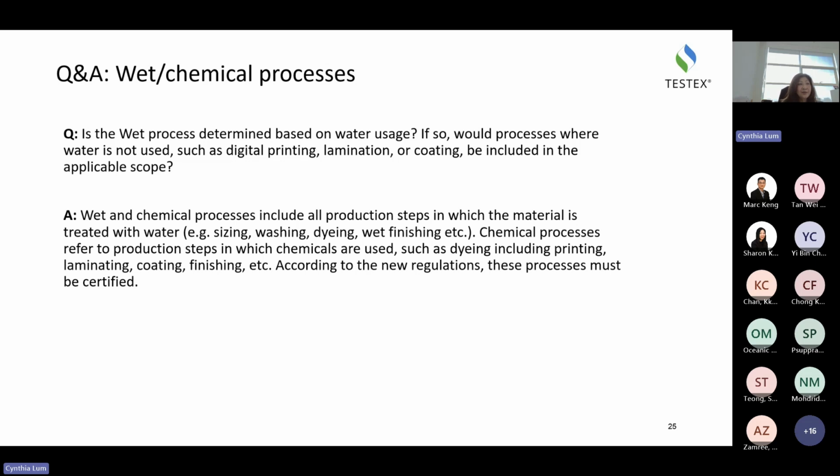It also includes chemical processes, for example dyeing, printing, lamination, coating, finishing. So according to the new regulations, these processes must be certified. As long as there is a process that involves wet and chemical processes, that area of production must be certified.